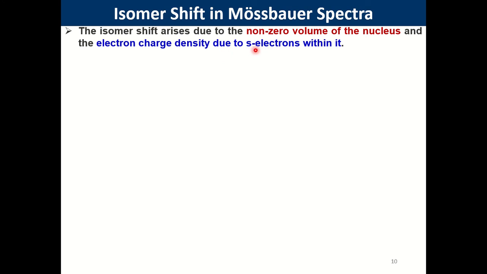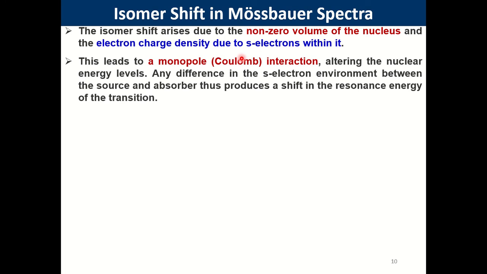If 4s electrons are removed, then the electron density will decrease. If they remain in the zero valence state, the s electron density will be maximum. That kind of situation will lead to a change in the nuclear environment, the non-zero volume of the nucleus and electron charge density.